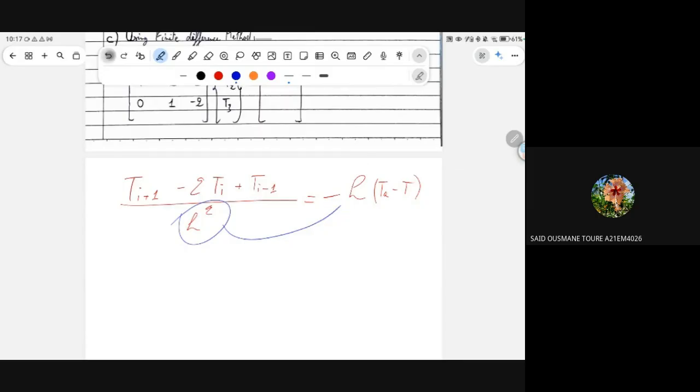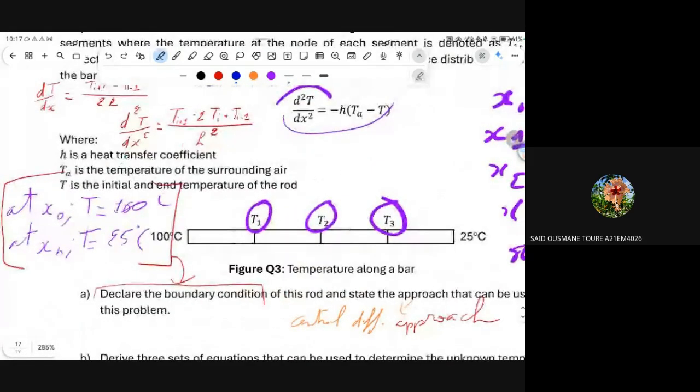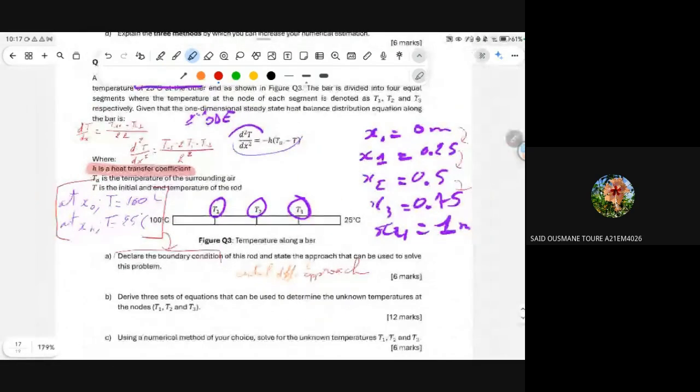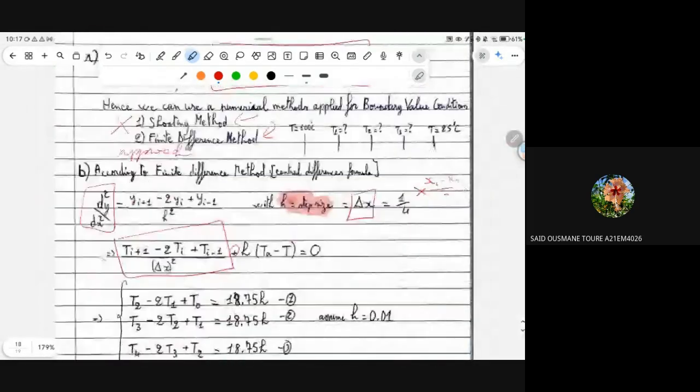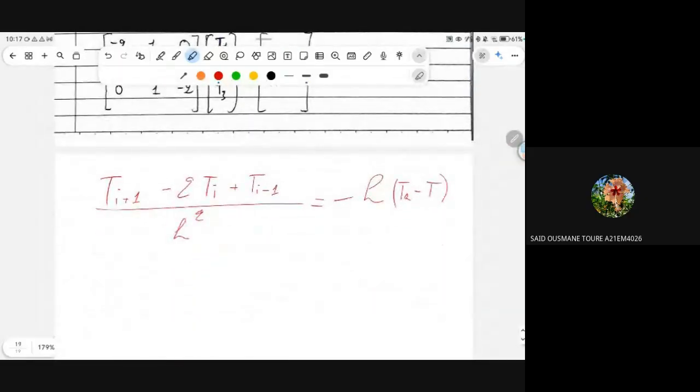Absolutely not. It's two different things. They mentioned in the equation that the H here is a heat transfer coefficient. So make sure to read it carefully. Don't get confused. It's a heat transfer coefficient, so it's different from the H that we derive from the central difference approach, because that one is numerical.